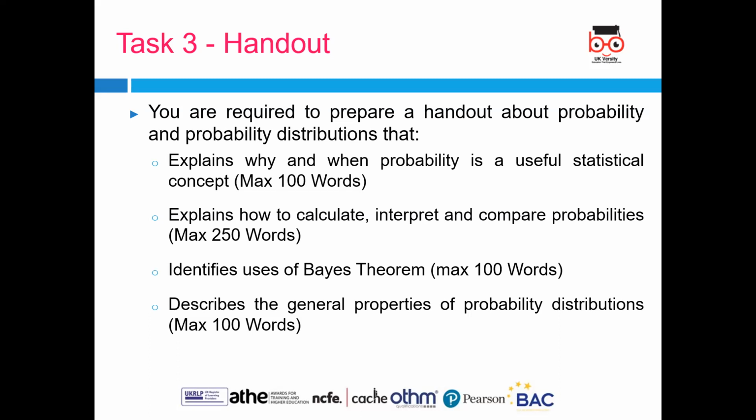Then you have to explain how to calculate, interpret, and compare probabilities, so that you can limit up to a maximum of 250 words. So remember, you should be very clear when you are working on the assignment. Like if it asks for explanation, you have to explain. If it asks for analysis, you have to analyze it.